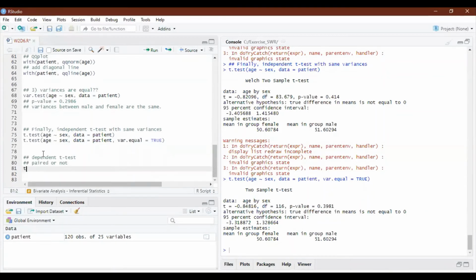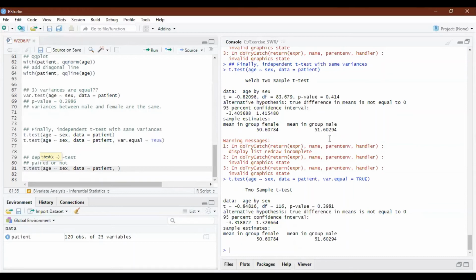So the same command, t-test, grouped by sex, and the data is patient. And we have to say that this is assuming that male and female are dependent on each other.